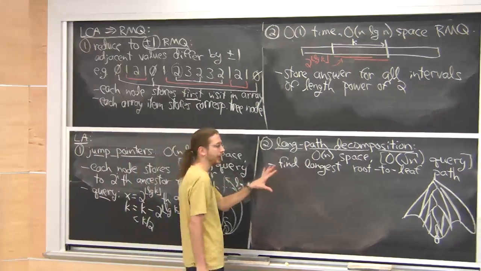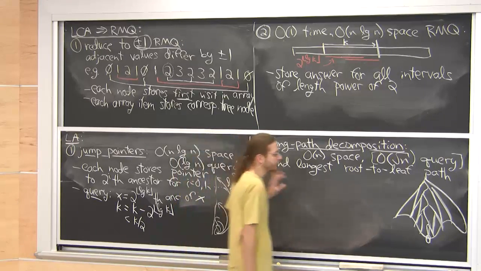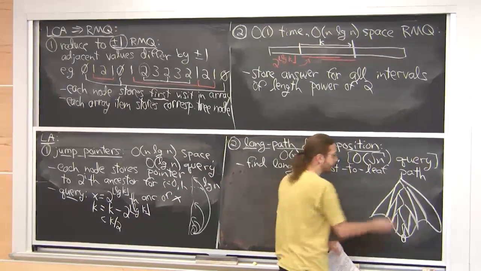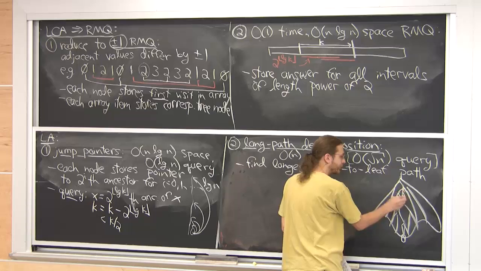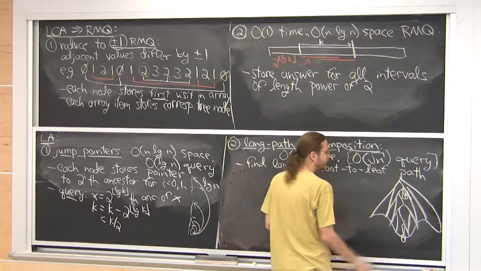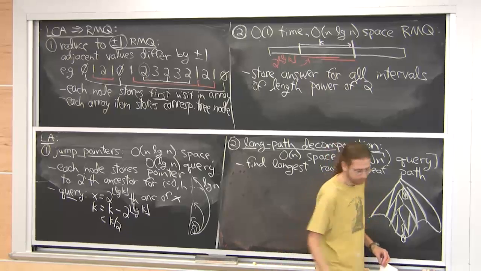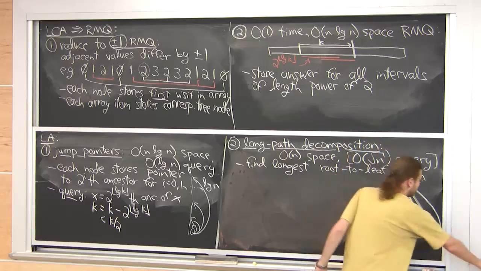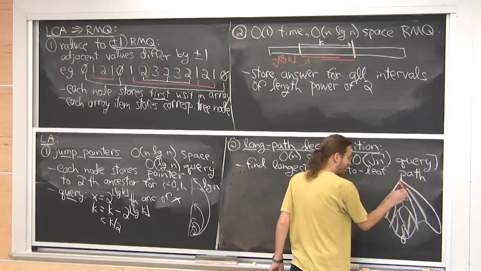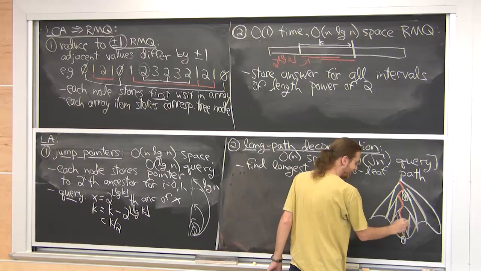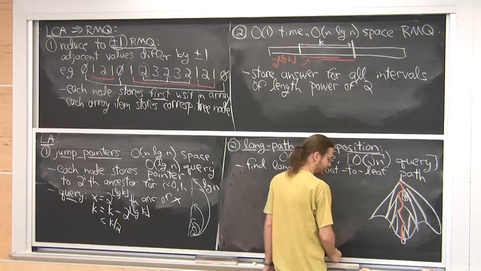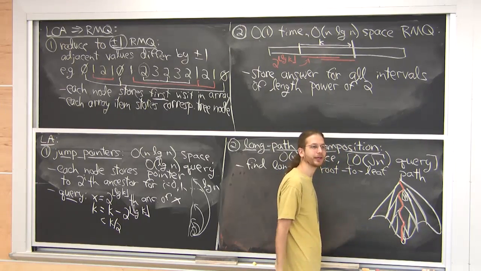Here also, I want to handle non-binary trees. So I'm going to draw things hanging off, but in fact, there might be several things hanging off here, each their own little tree. But the point is, there was this one path in the beginning, the longest path, and then there's stuff hanging off of it. So just recurse in all the things hanging off of it.